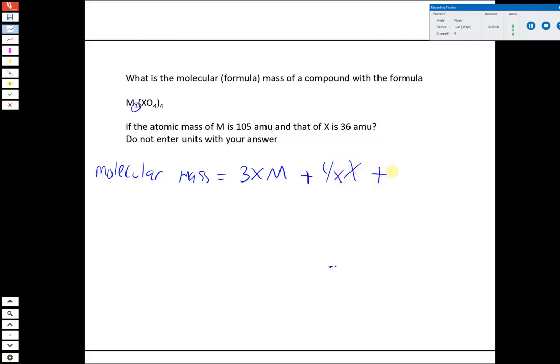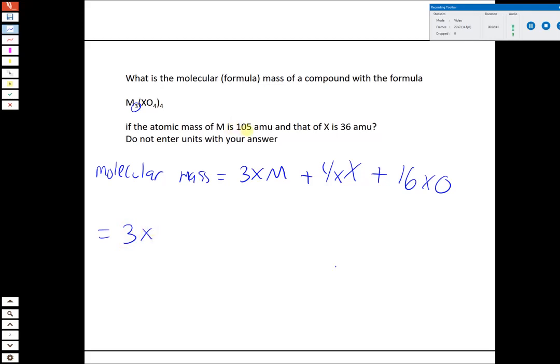And then the last thing we have is the oxygen. We have 4 oxygens in each anion, but we have a total of 4 anions, so 4 times 4 is 16. So we'd have 16 times the atomic mass of oxygen. So we just have to make sure we use the correct number of each element and then sum up the atomic masses that correspond to them.